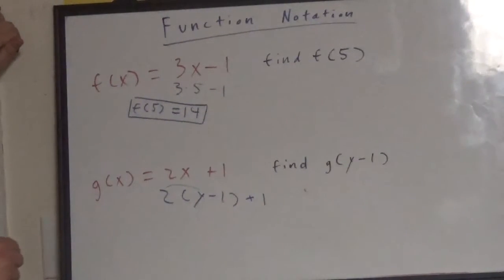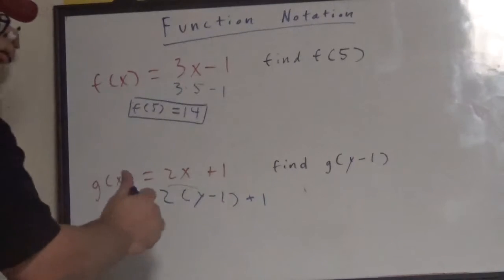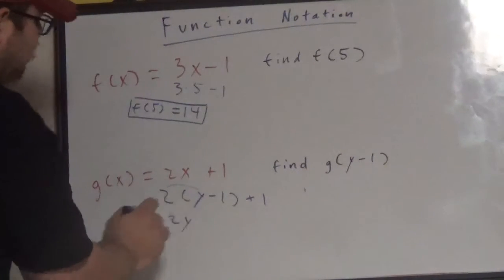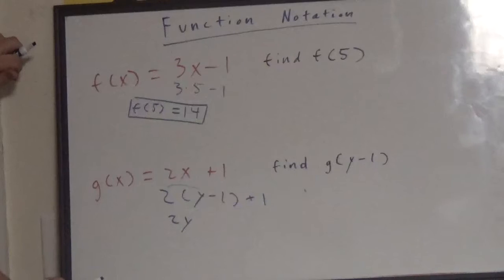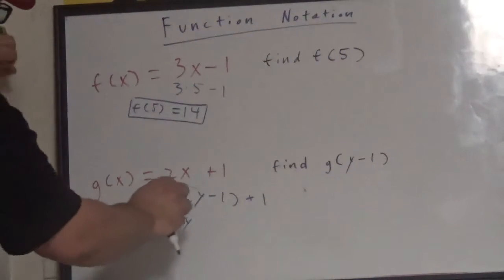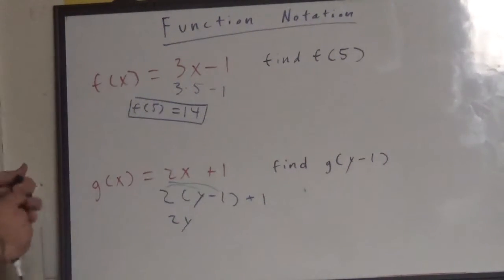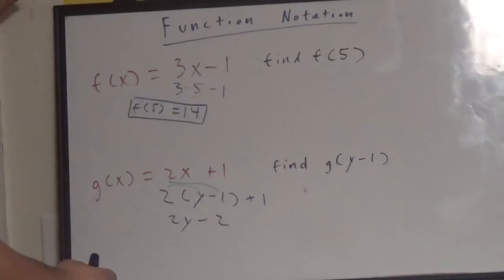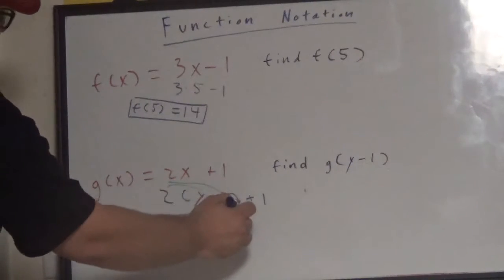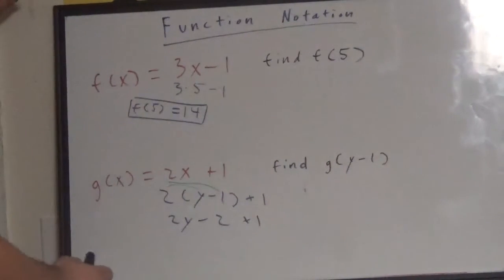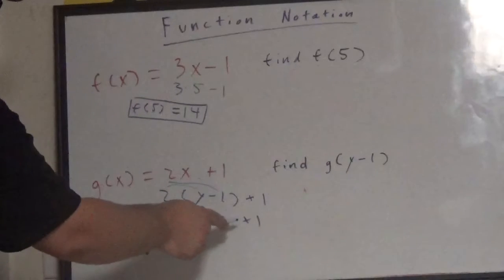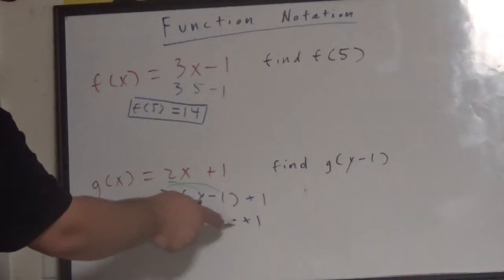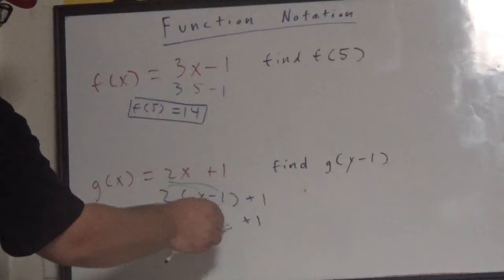What's 2 times y? Well, of course, it's 2y. What's 2 times negative 1? Negative 2. So we've distributed, bring down our plus 1 because that wasn't part of the distribution. Now we combine like terms: 2y minus 2 plus 1.